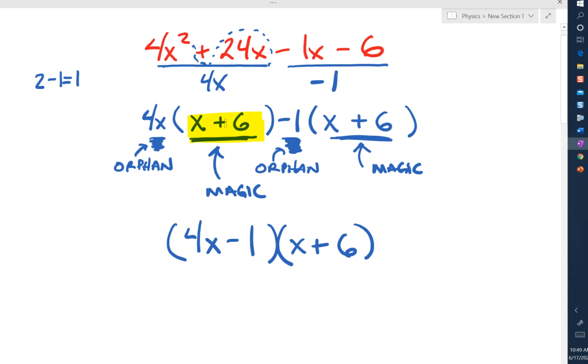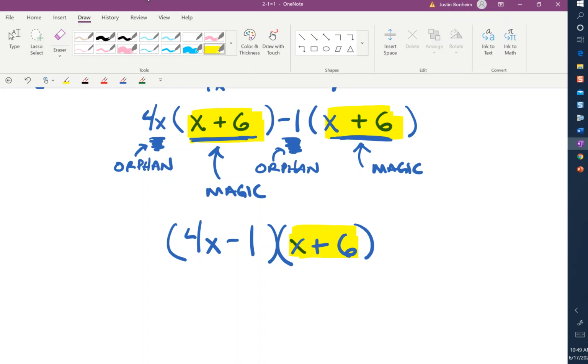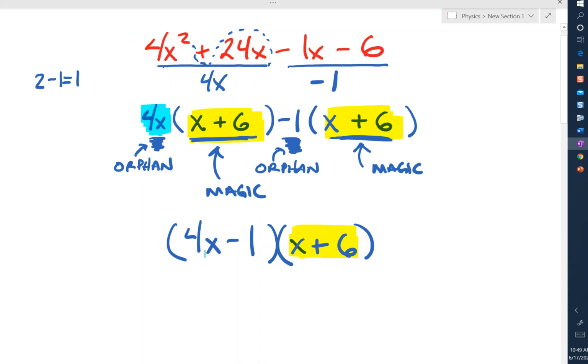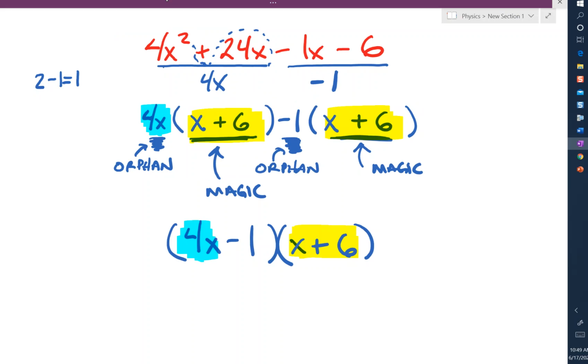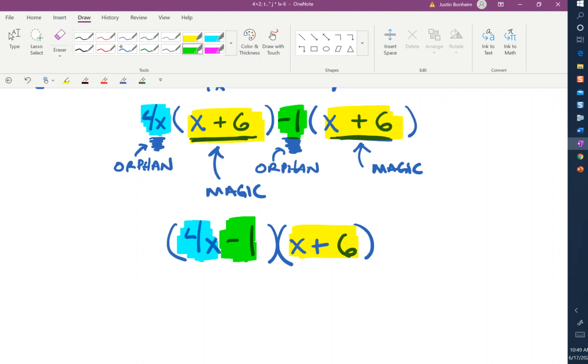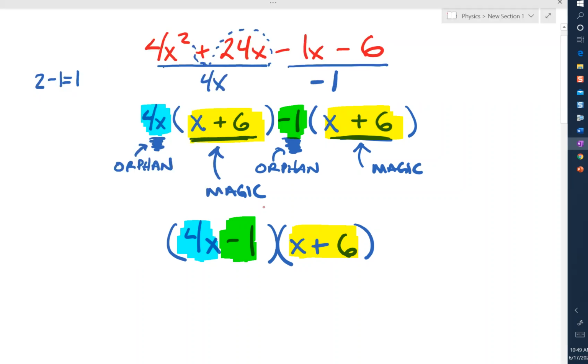I took the magics that were exactly the same, and I rewrote them right there. And then I took each orphan, and I rewrote it in a new binomial, and I call that the new family. Make sure you get your negatives and positives. So that method is called factoring by grouping, and that's the answer.